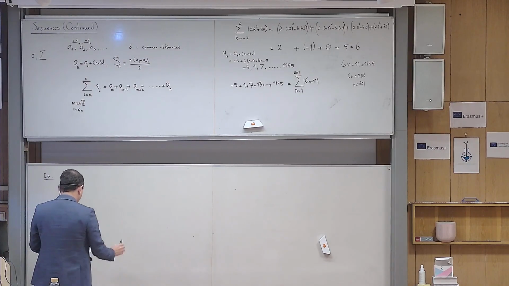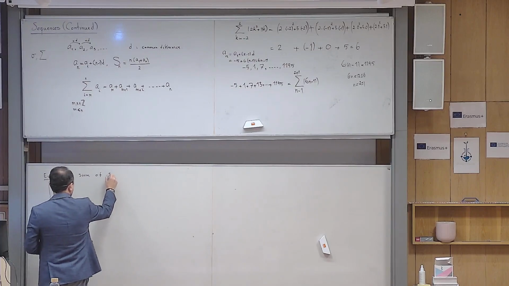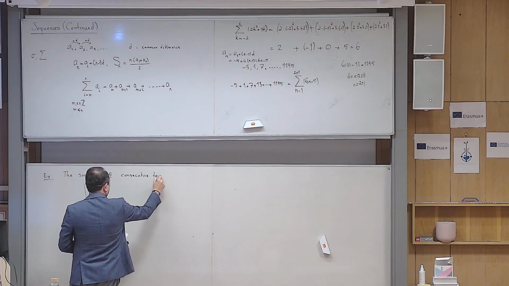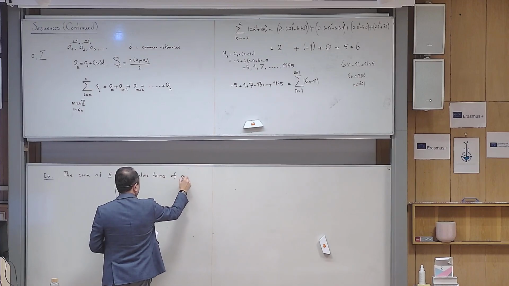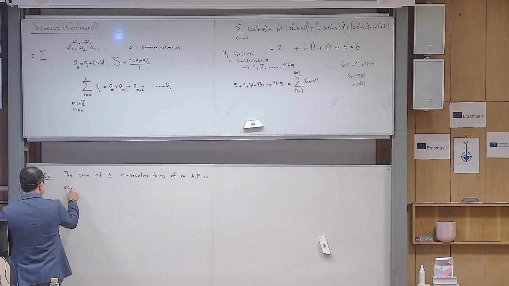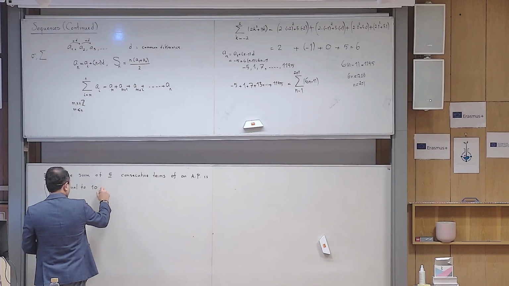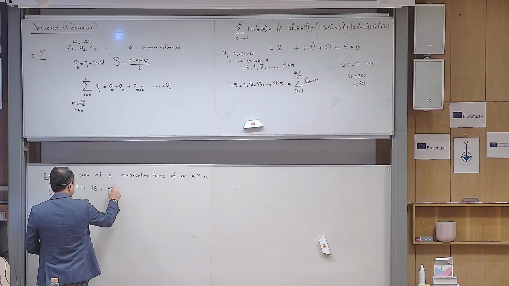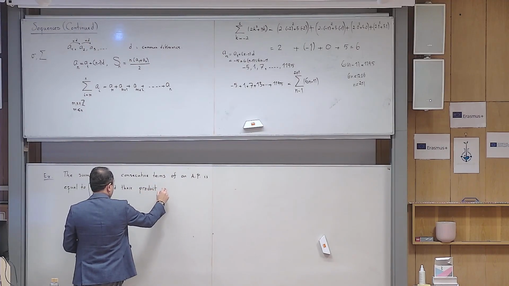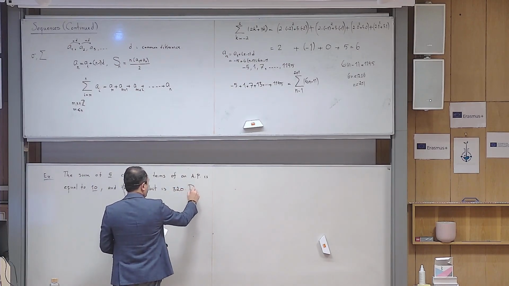The sum of 5 consecutive terms of an AP is equal to 10, and their product is 320. Determine this AP.